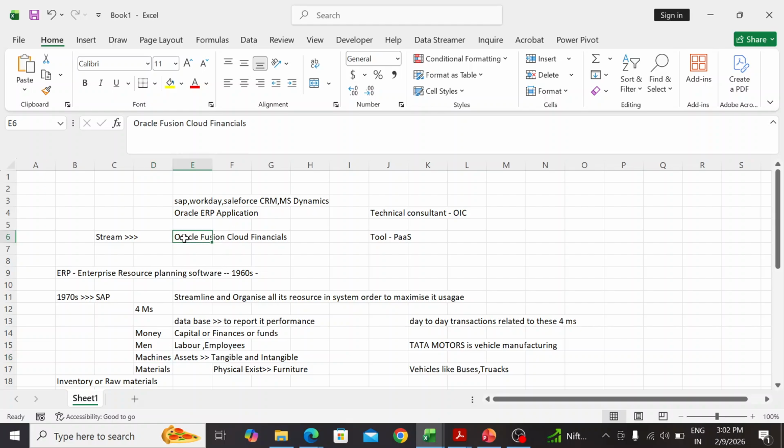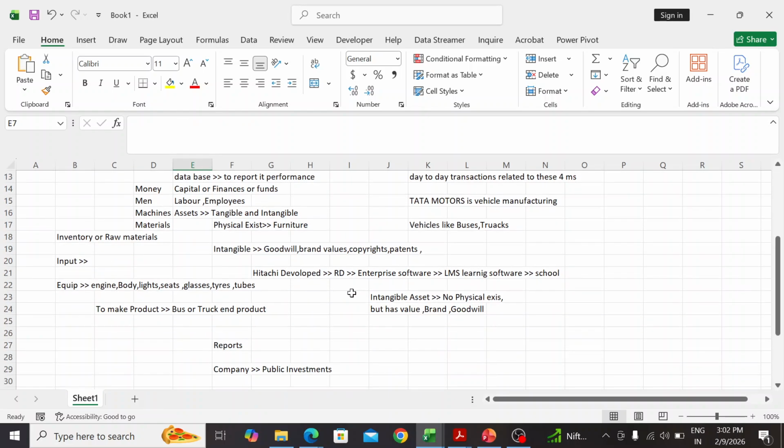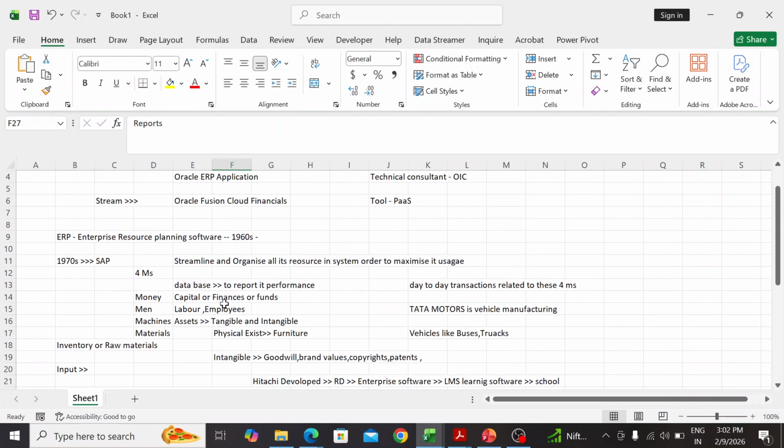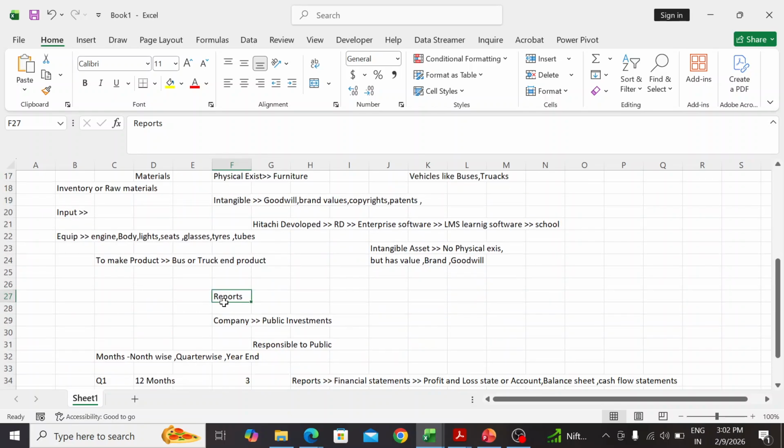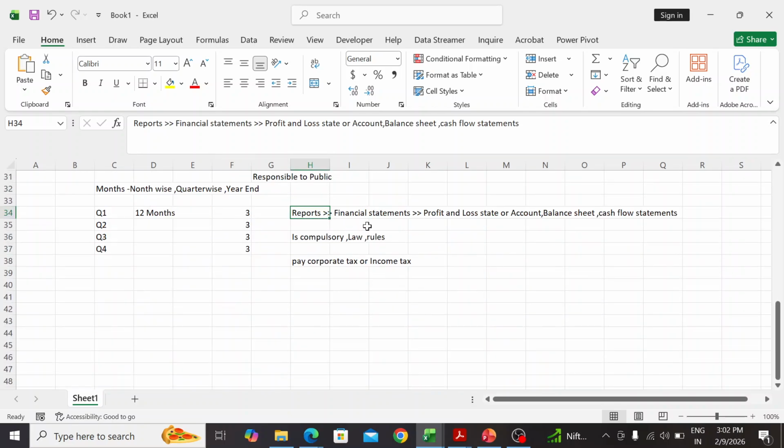Without these financials modules, they cannot prepare the reports of their financial performance. Reports are nothing but financial statements. We generally prepare the financial statements in the form of profit and loss account, balance sheet, and cash flow statements to show our performance at a particular point of time or period.